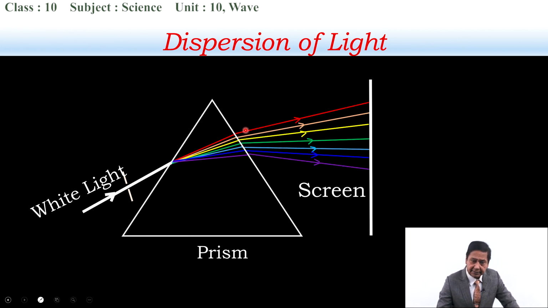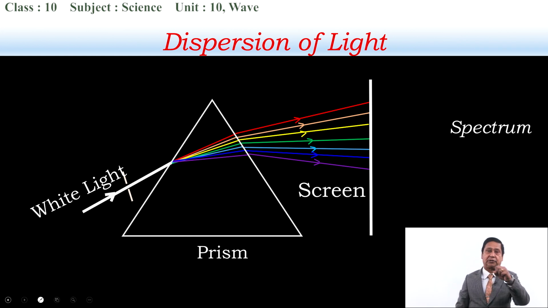At this surface, refraction takes place. This is dispersion because white light is splitting up into 7 different colored lights, and this is refraction, in which only the bending of light occurs, and they are separated well and can be observed nicely on the screen. And this color band which appears on the screen is called spectrum.